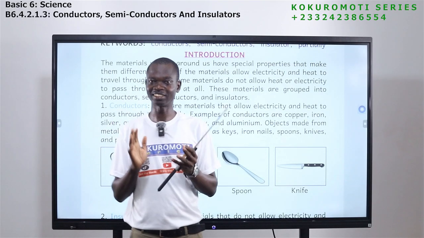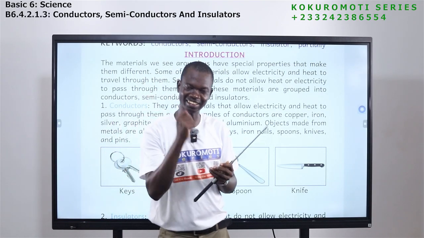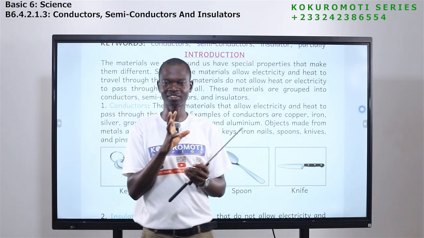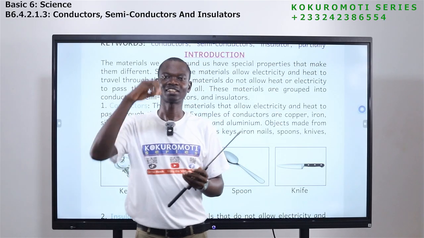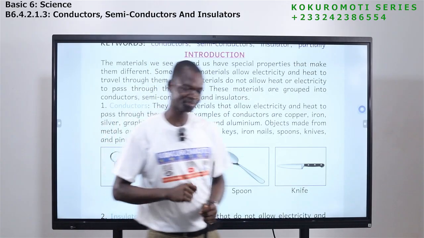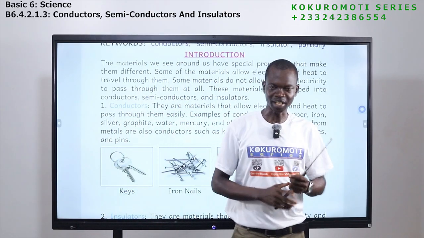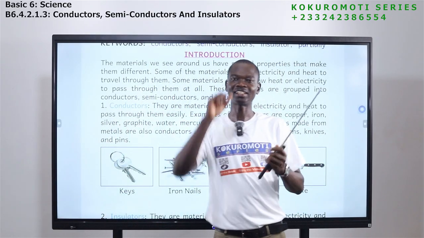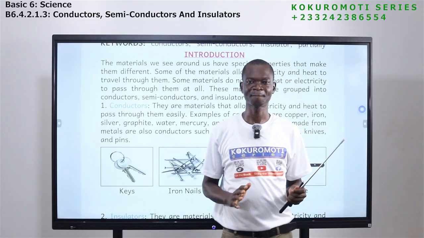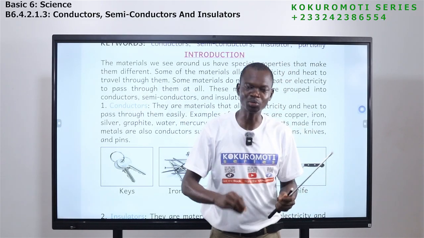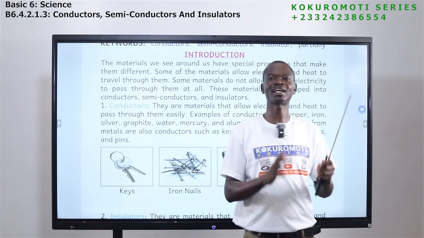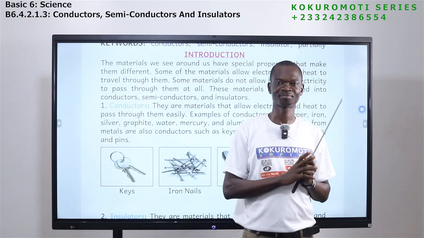Not only electricity, heat. If heat can pass through that material, it means that material is a conductor. Now, if electricity cannot pass through at all, and heat too cannot travel through at all, it means that material is an insulator.